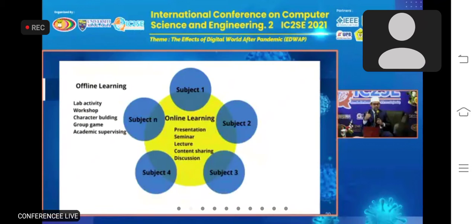So when the subjects require practice, the students have to practice offline, so the students have to come to class or to the laboratory. Workshop also, because in a workshop there is discussion, questions and answers, and also relationship.